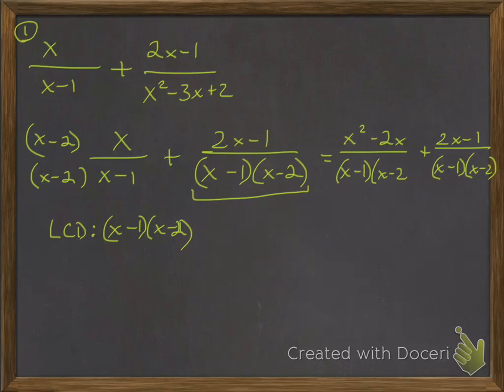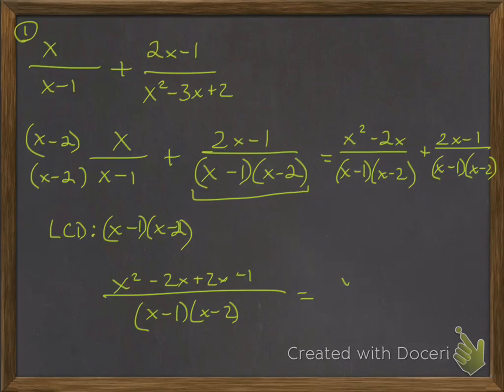So now I can combine my like terms. I have x squared minus 2x plus 2x minus 1 all over the common denominator. And my 2x's in this case cancel out, and I'm left with x squared minus 1 over x minus 1 times x minus 2. You do still need to check if it can simplify, and the numerator does factor.